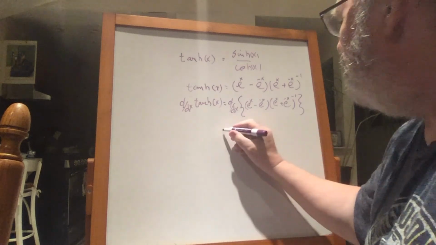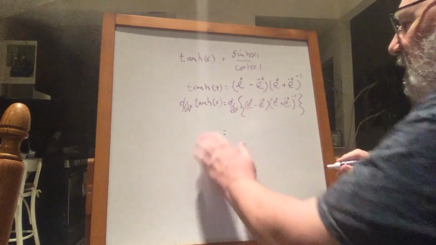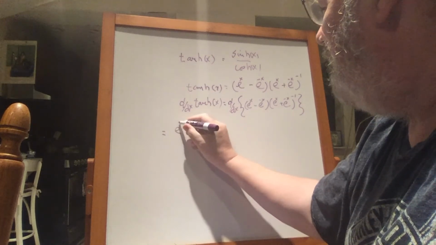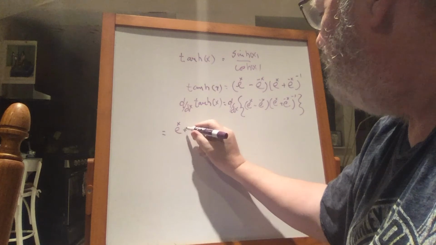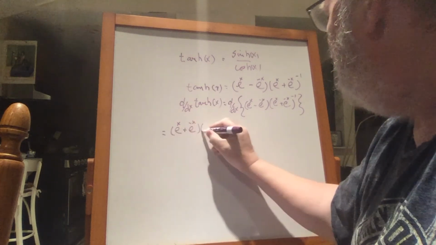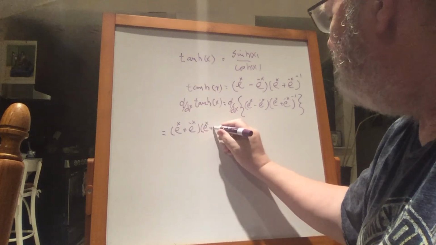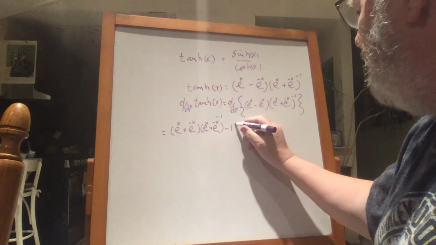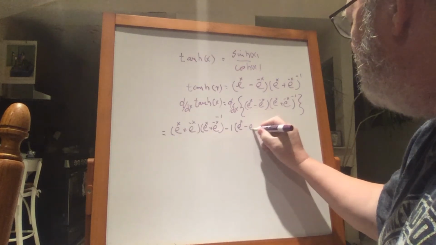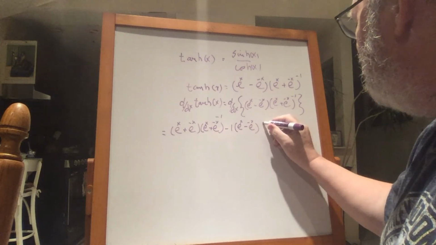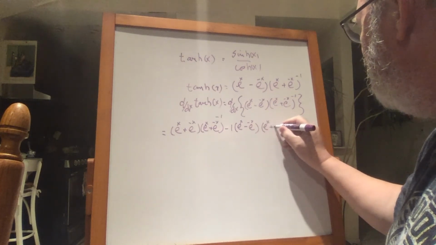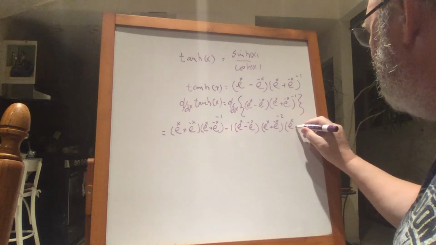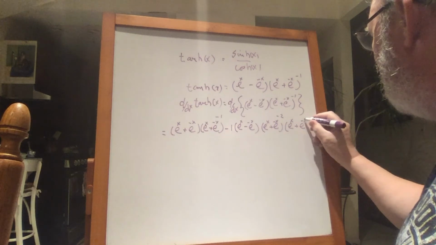And we use our power rules. So we have e to the x plus e to the minus x times e to the x plus e to the minus x to the negative 1, minus 1 times e to the x minus e to the minus x times e to the x plus e to the minus x to the minus 2 times e to the x minus e to the minus x.